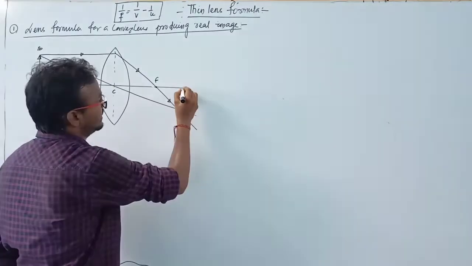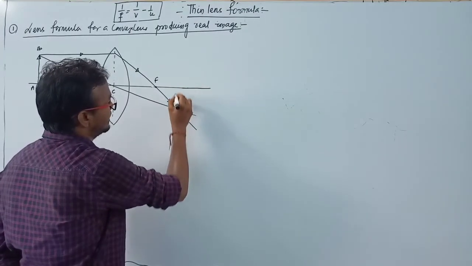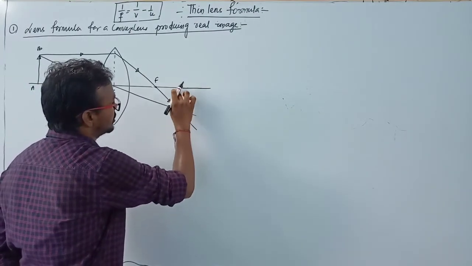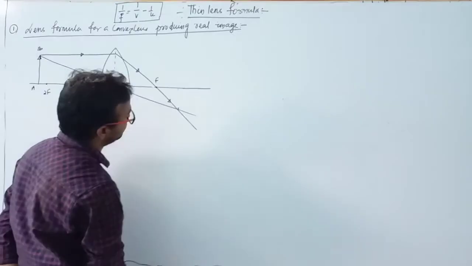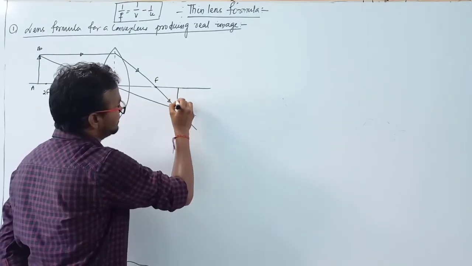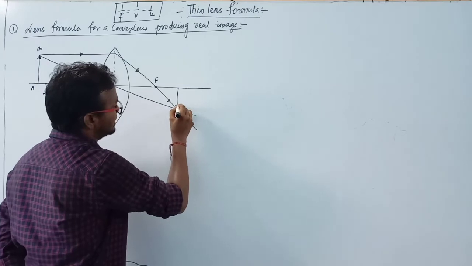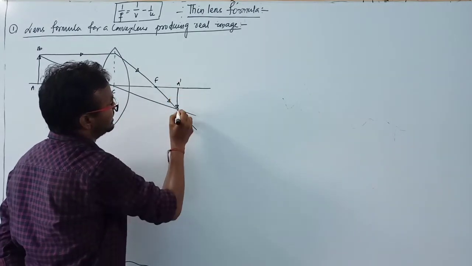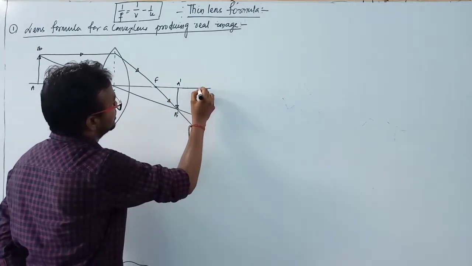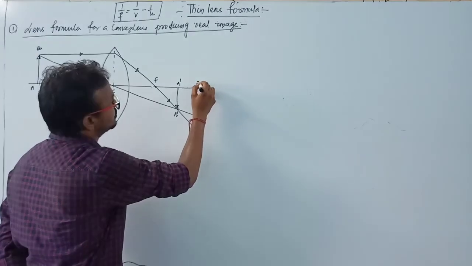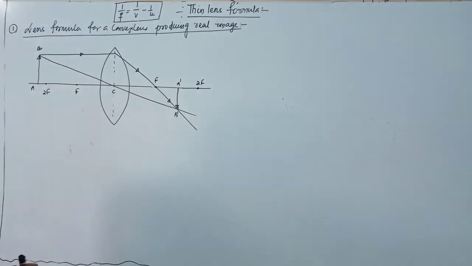Clear? This is the principal axis, and here the two rays intersect each other and form an image like this, and we can take these points as A dash and B dash. Suppose this point is 2f. Clear?